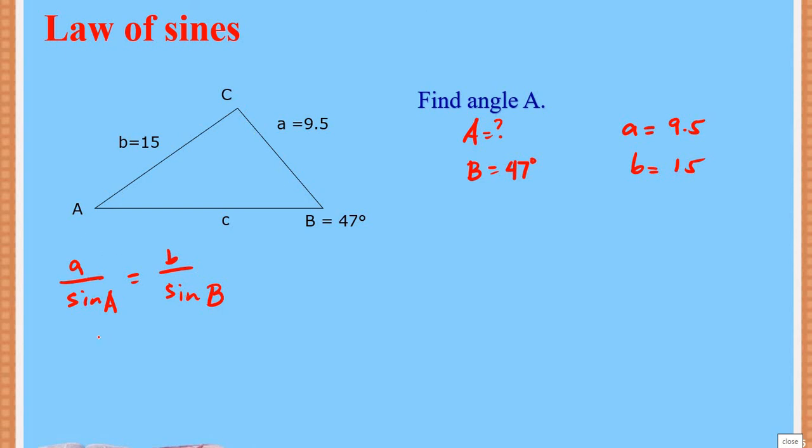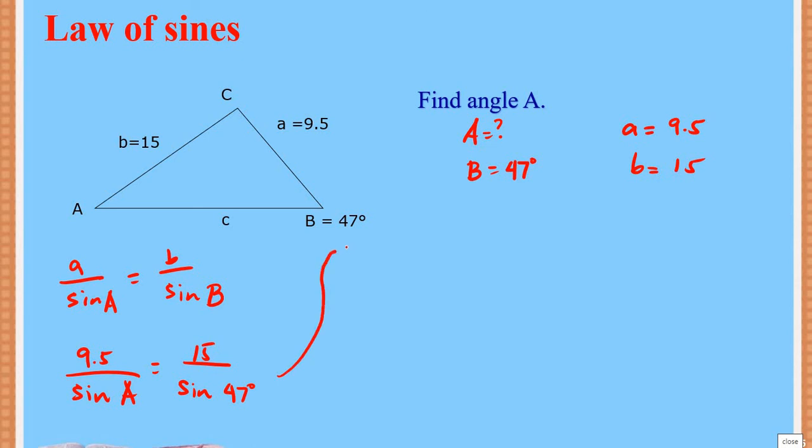A is 9.5 over sine angle A, which is unknown, and B is equal to 15 over sine angle B, which is given at 47 degrees.